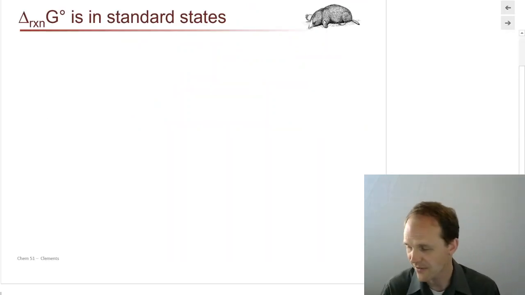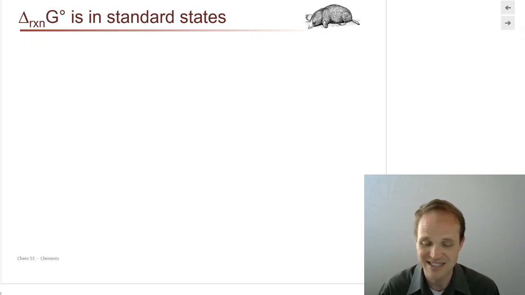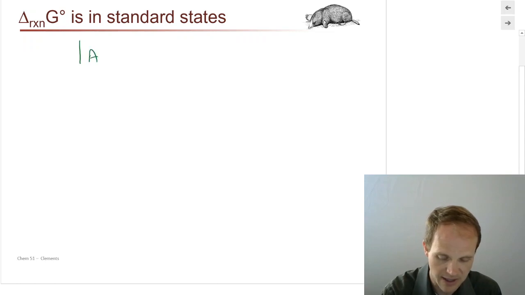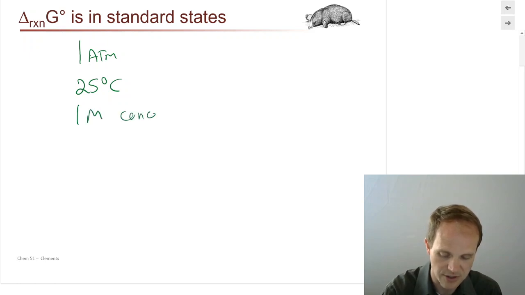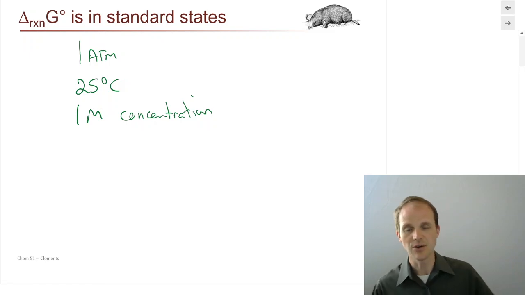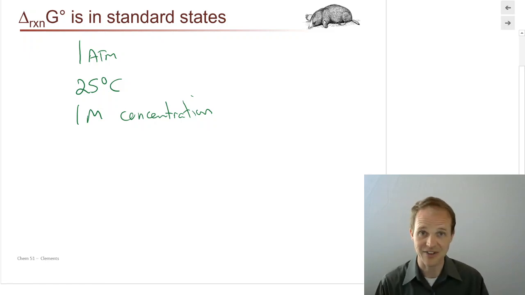So one thing we have to figure out first is, because delta G is in standard states, what does it mean to be in standard states? It means it's at 1 atmosphere of pressure, 25 degrees Celsius, and 1 molar concentrations. So when we write out reactions, the only time that delta G applies is when you have 1 atmosphere of all gases.